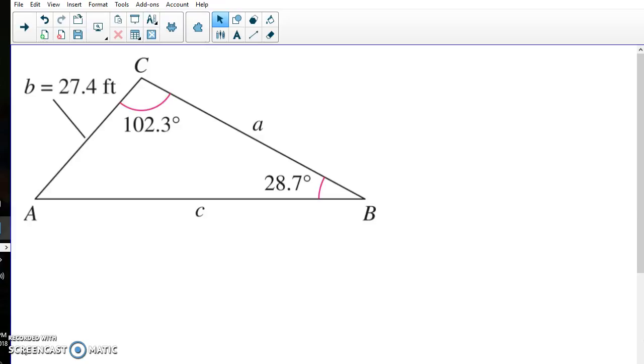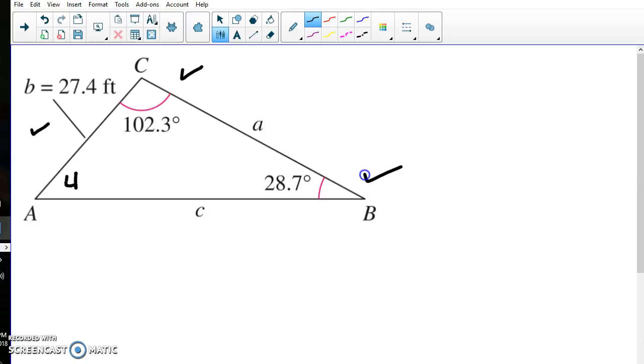So you guys can see in this situation we have angle, angle, and the side. Now the third angle of the triangle, of course, we can find by subtracting the sum of the two from 180. That would give us 49 degrees.